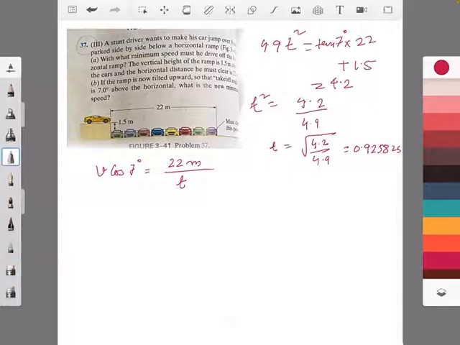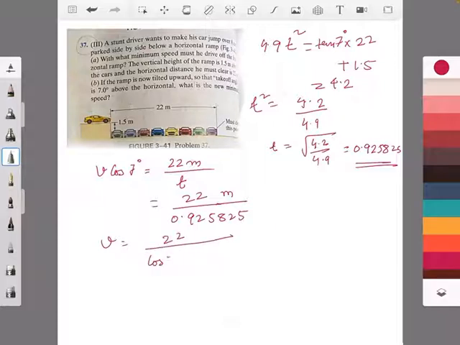So my t is this value. So 22 meters divided by 0.925825, and v is therefore 22 divided by cos 7 degrees times time, which is 0.925825, and again using the calculator, this value comes out to be 23.94 meters per second.